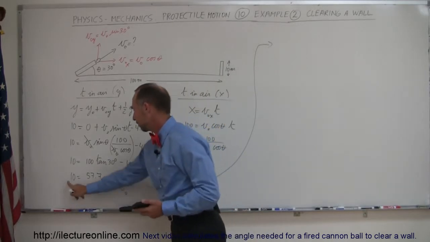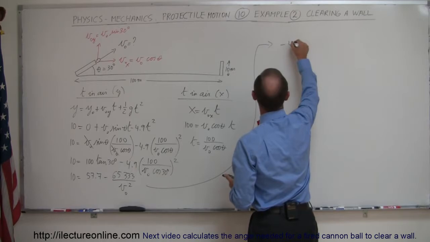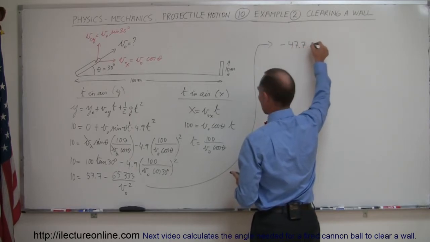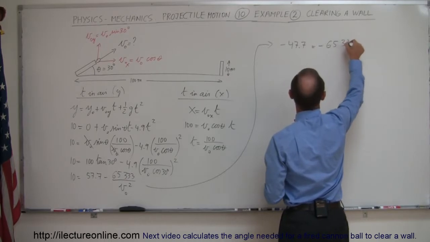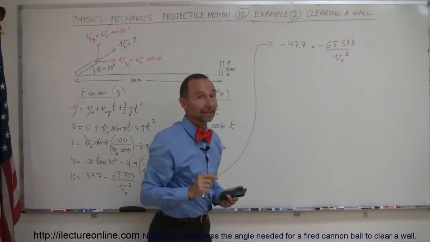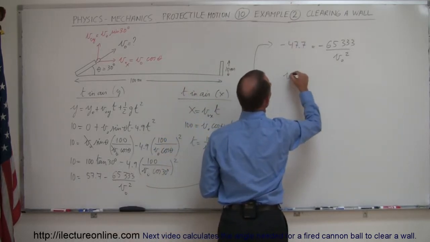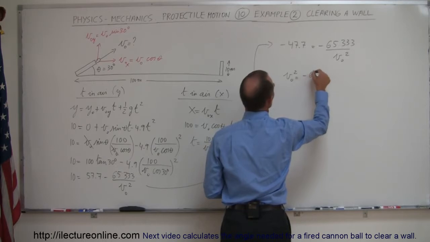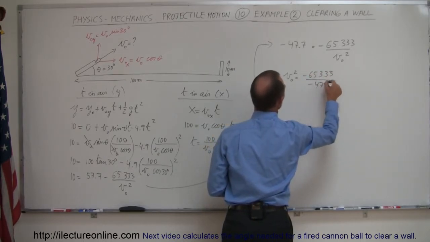Move the 57.7 over, it becomes minus 57.7 plus 10, which is minus 47.7, equals minus 65,333 divided by v sub naught squared. The next step is to move this over here and this down there. So we have v sub naught squared is equal to minus 65,333 divided by minus 47.7.